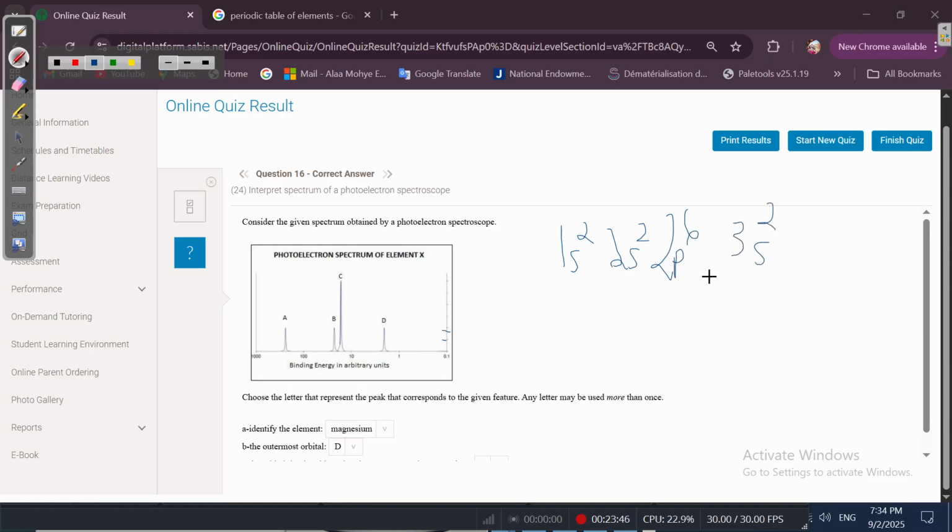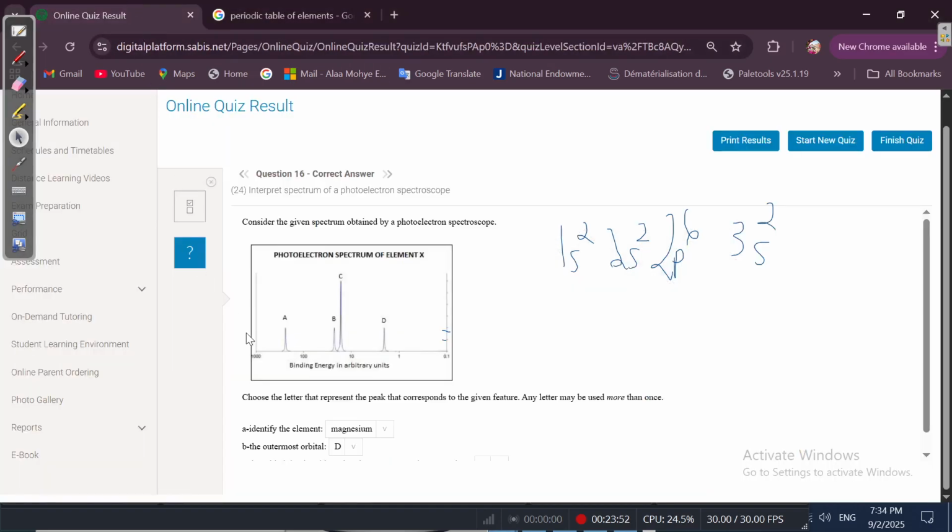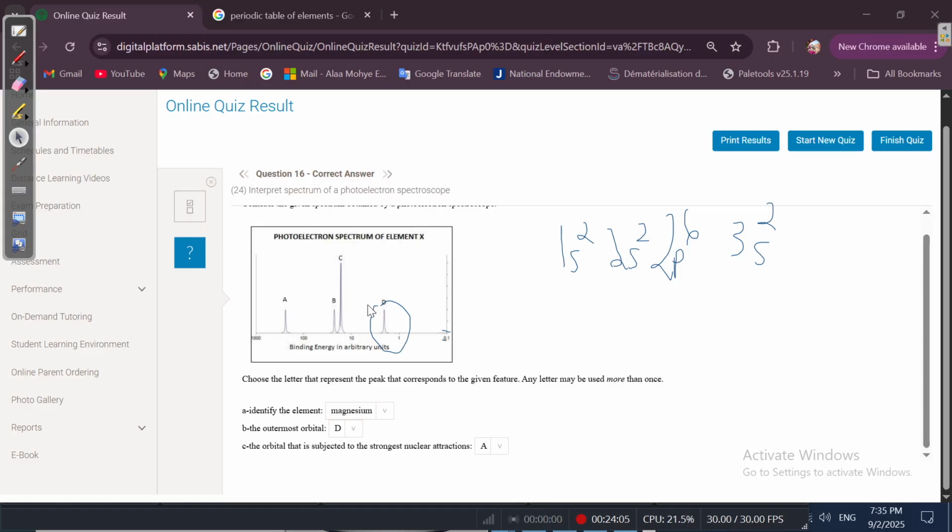So 10 plus 2 is 12, so we look at atomic number 12, which is magnesium on the periodic table. Then the outermost orbital is the one at the outermost right of the photoelectron spectrum. The orbital that is subjected to the strongest nuclear attraction, as I explained before, is A, because it's nearest to the nucleus.